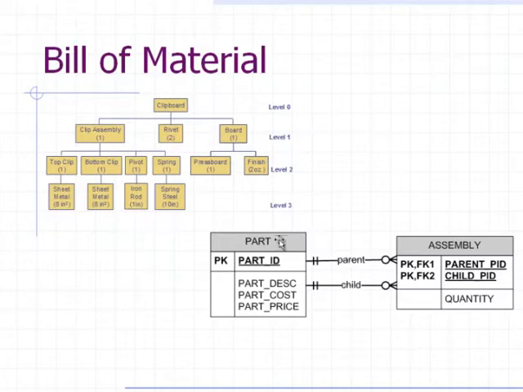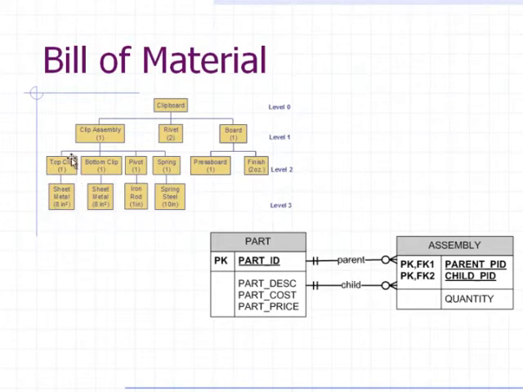Similarly, here in this bill of material information, look at each link. If you look at each link, we are describing parent and child. For example, if you consider this specific link, the parent is top clip and the child is sheet metal.